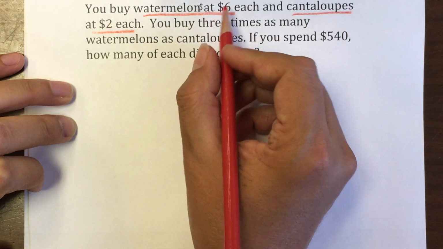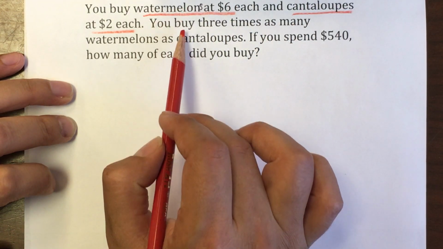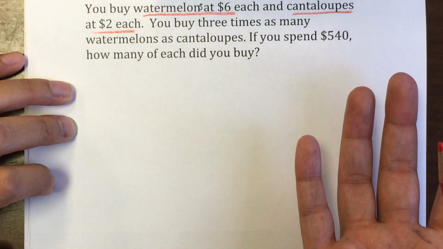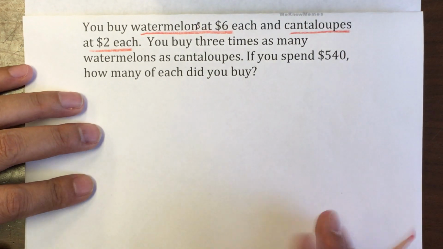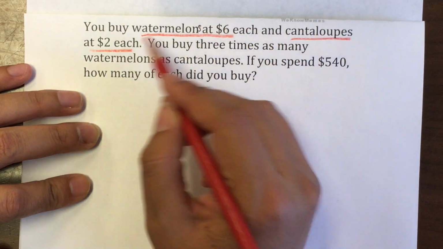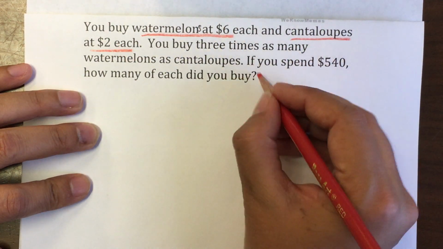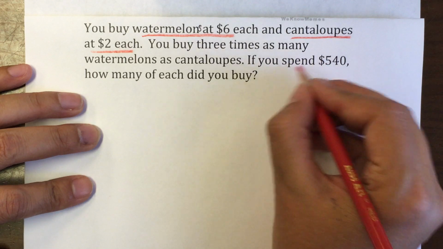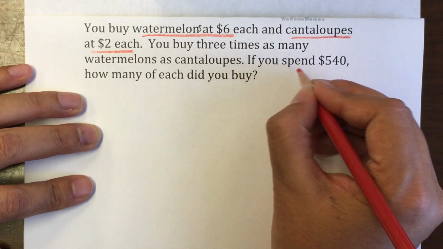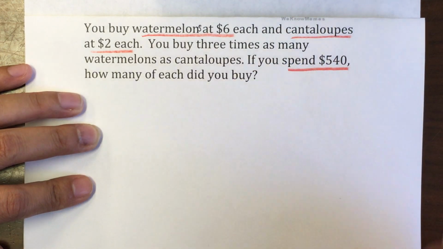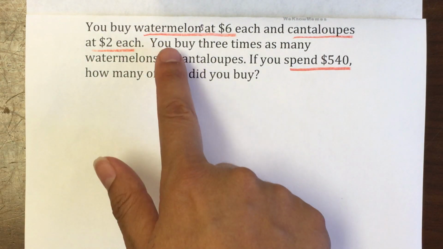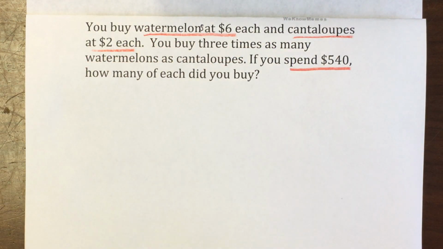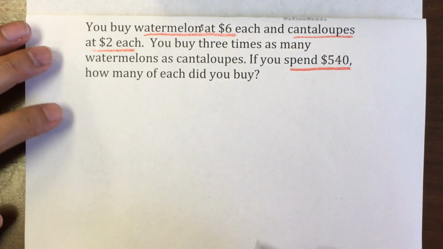I want you to notice that since we already read it once and now we're just identifying the keywords, this is talking about the price, and you might as well just connect it to the price in here. You spend $540. So that's one of the equations right there. And this in the middle is the other equation, but it's a comparison and we'll come back to that one.